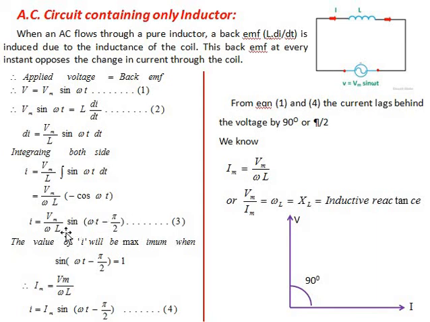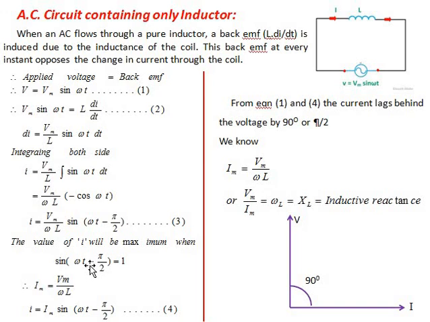The value of I will be maximum when sine of (omega t minus pi by 2) is equal to 1. Always remember, sine theta is maximum only when it is equal to 1, or sine 90. All other values are always less than 1.